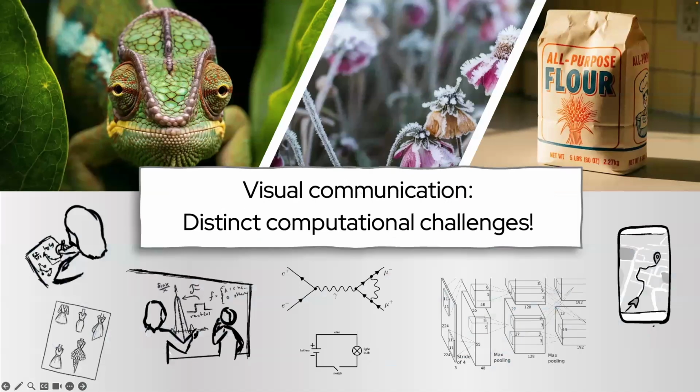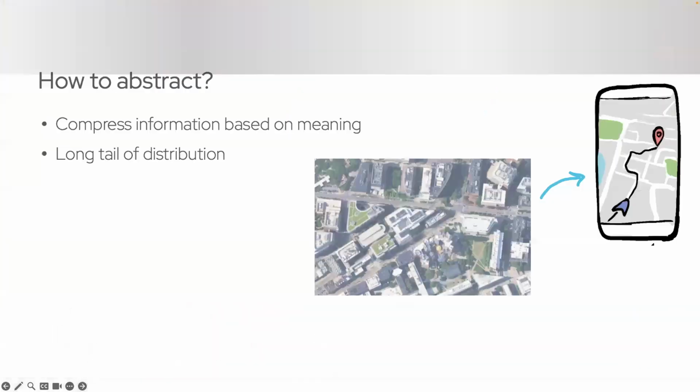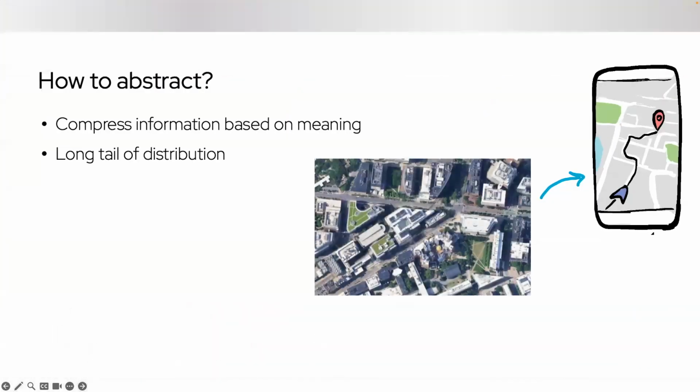But maybe you already noticed some differences: in the representations that we care about in visual communication, sometimes the goals, the objectives, and the challenges are quite different. For example, often we care about more abstract, simplified, and non-photorealistic representations. And it's a hard challenge. How do we abstract content automatically based on meaning and not only, for example, on patch entropy?